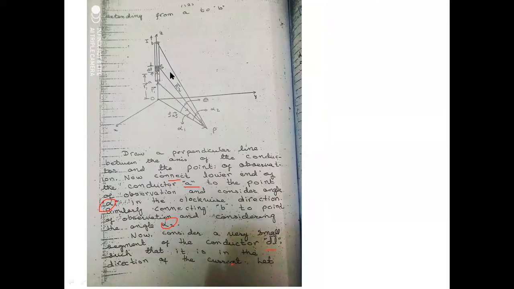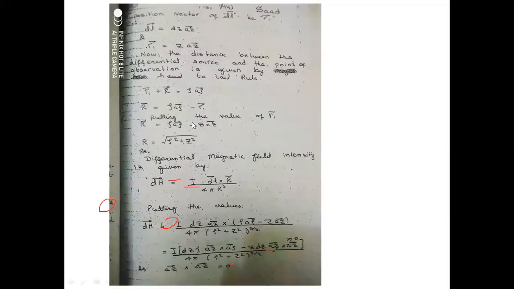So these are the four lines. This perpendicular line is just to indicate the angles. We count the angle from the upper end line to the perpendicular line, and from the lower end line to the perpendicular line.